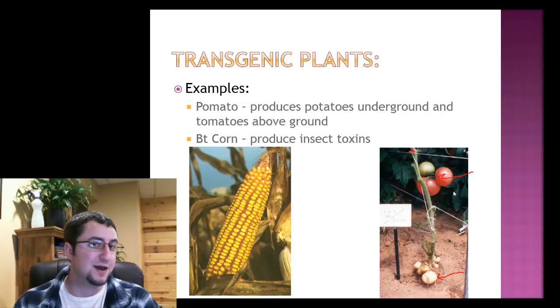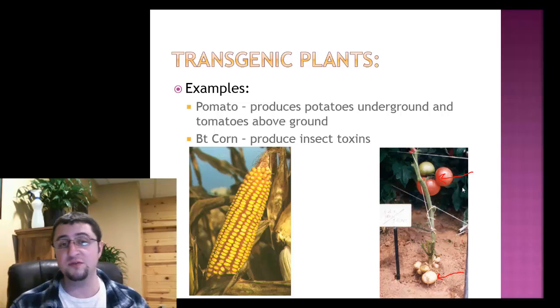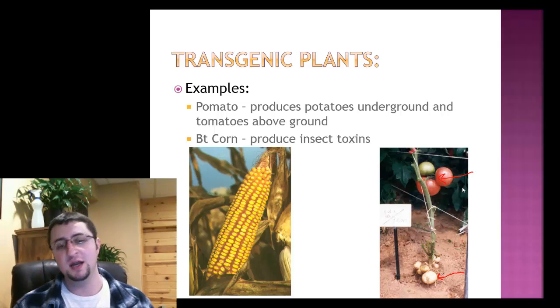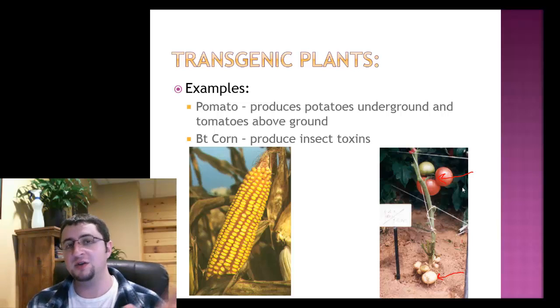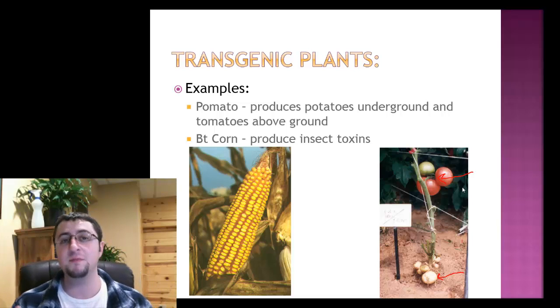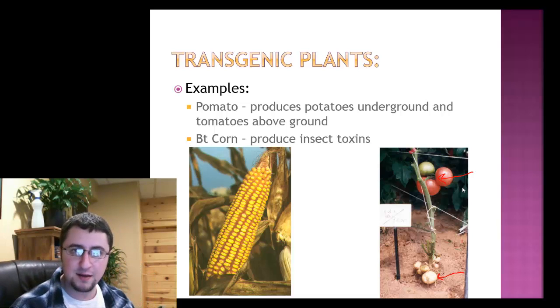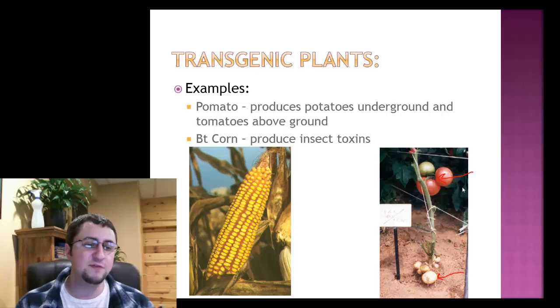It's actually kind of interesting, but the usefulness of that should be screaming at you. Now, if you think about all the land just used for growing potatoes and all the land just used for growing tomatoes, what if we could grow both on the same plot of land? I mean, now we're talking about efficiency.